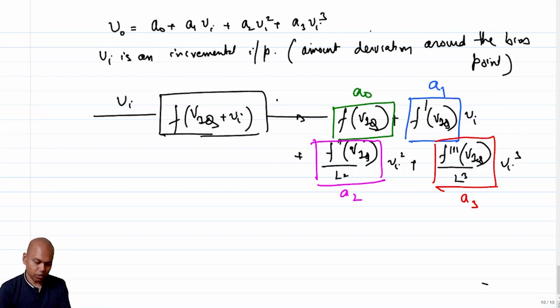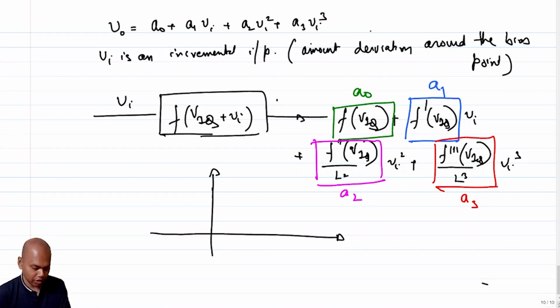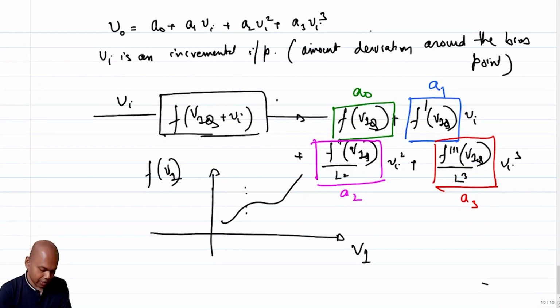So in order to get these A0, A1, A2, A3, what do you need to do? Obviously, you have to first plot the total IV characteristics, or rather the transfer characteristics of f of v. So essentially you are plotting f of vi versus vi, where you are going to get some plot, right? And maybe you have decided that this is your bias point, quiescent point, this is VIQ, this is VOQ.